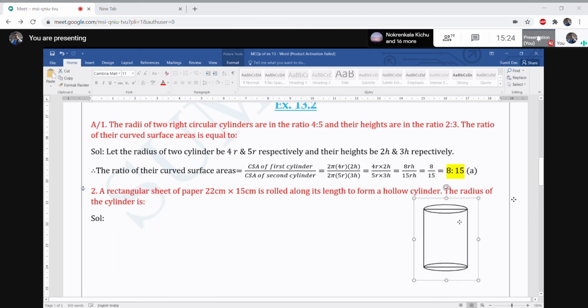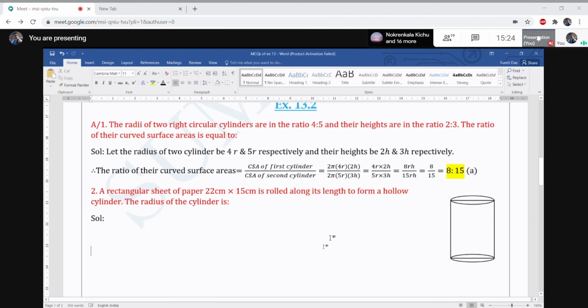Now I just want to show you one diagram. If you make this with the paper in this shape, what will be the height along its length?